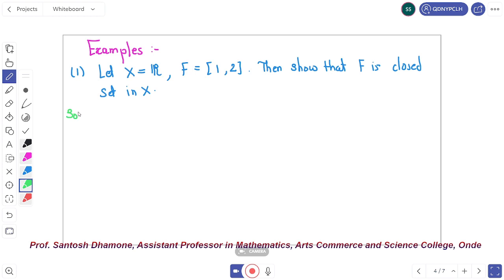Let X be equal to R, F equal to the closed interval 1 to 2.